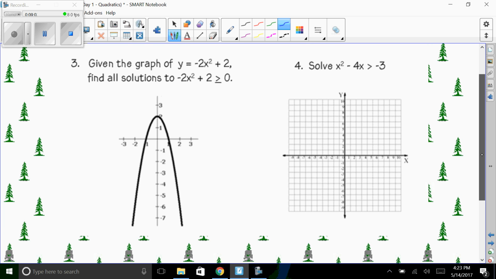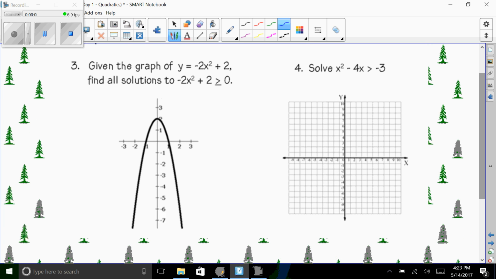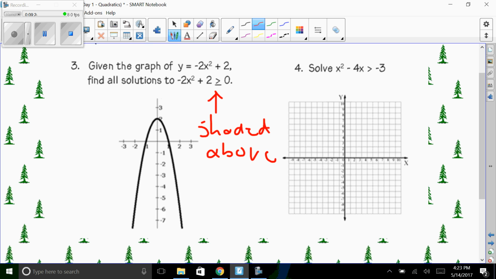So number 3, again, it's already graphed for you. You can see the x-intercepts clearly, so we don't really need to factor it. All we need to know is that it's shaded above and closed circles.